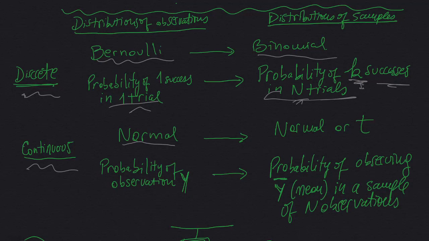Instead of doing that, we can take a summary. Instead of being interested in the probability of observing one value of y, we take a sample of values of y and calculate the mean of those values. Now what we are interested in is not each observation of y, but the mean of y, and we express the mean with this line on top of the y.